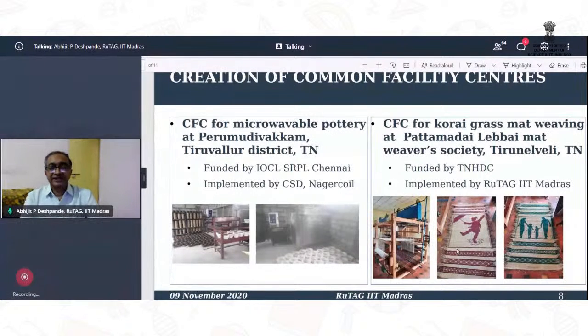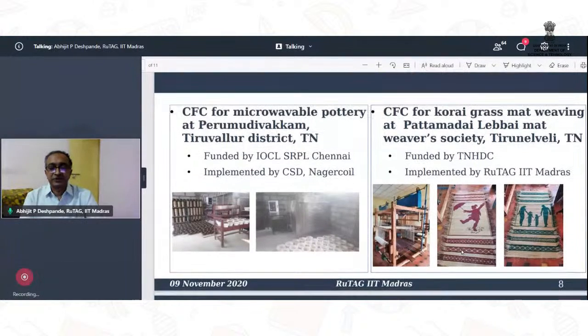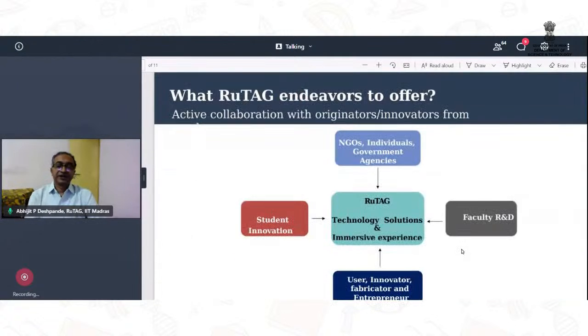And on the right, we have a common facility center for grass mat weaving, which is again funded by a state government agency. Initial work again was RUTAG's technology development, but the current facility center is being set up with funds from Tamil Nadu Handicraft Development Corporation. And we are implementing it ourselves.